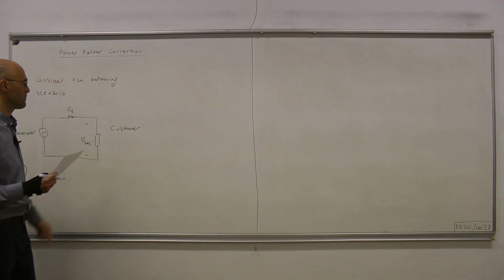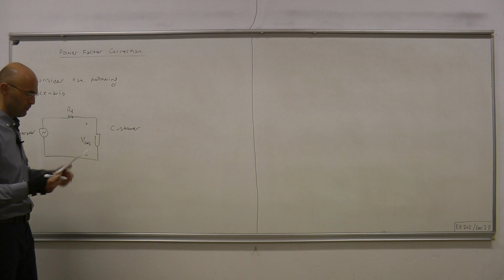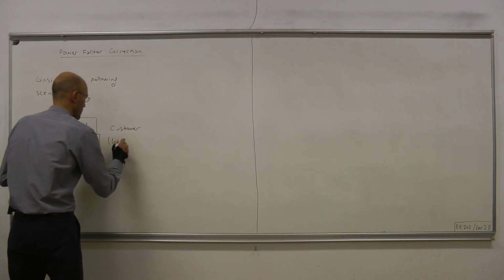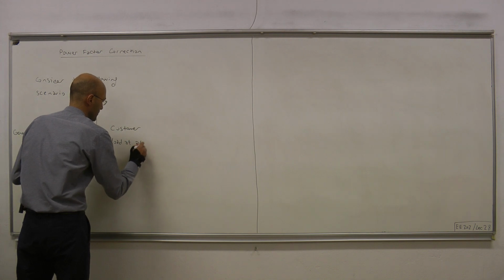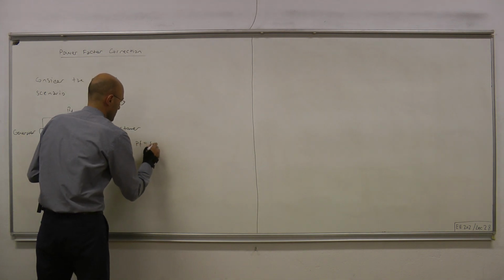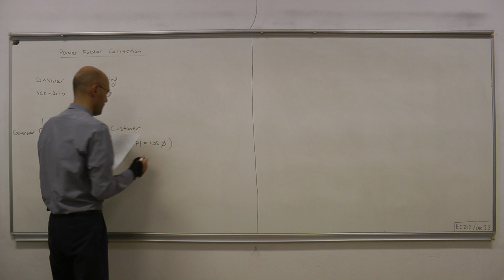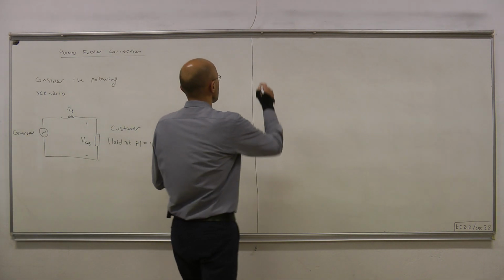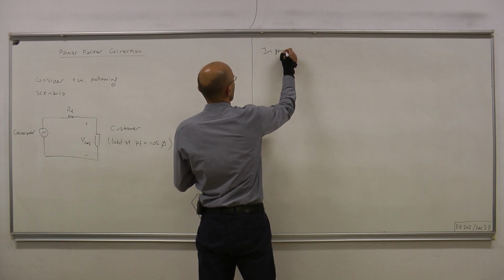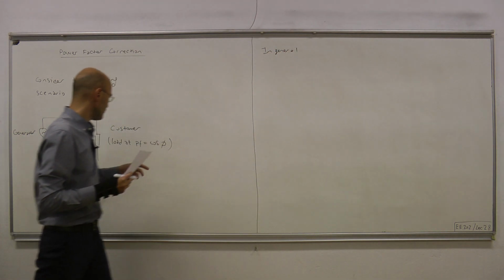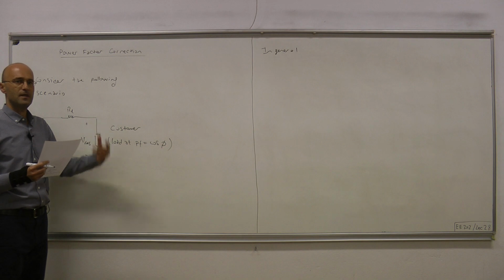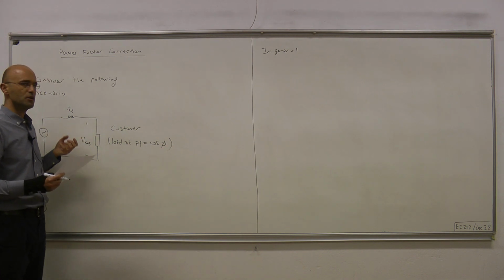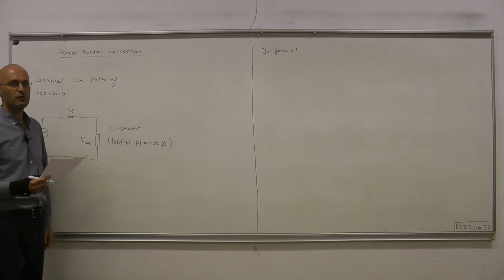Possibly an industrial establishment, and it's operating at some power factor, cosine phi, let's say. Now, in general, the customer, the industrial establishment that we mentioned, requires voltage at some specified rate.